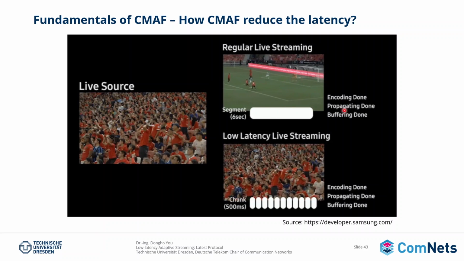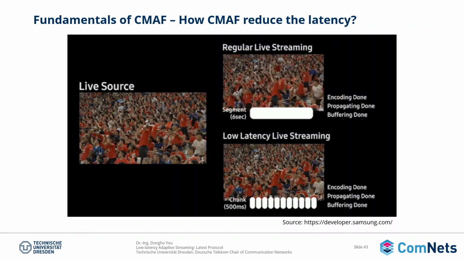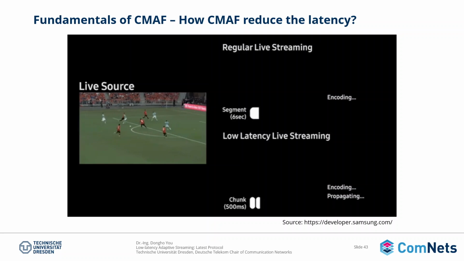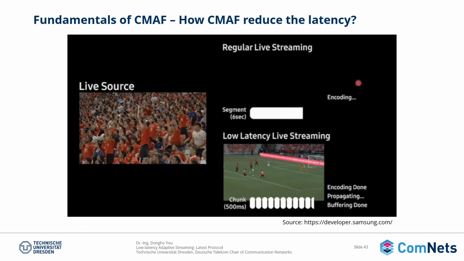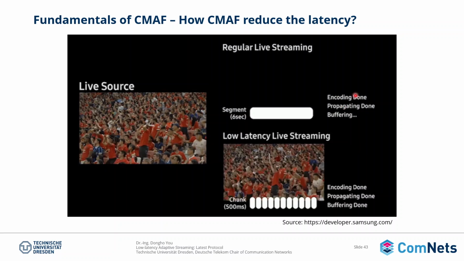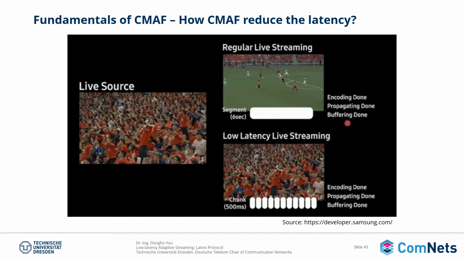On the other hand, for conventional live streaming, we have to wait until the encoding is over. Can you feel the latency difference? Let's do one more. Encoding and propagating immediately, but it's still encoding, and then done propagating and buffering and play.